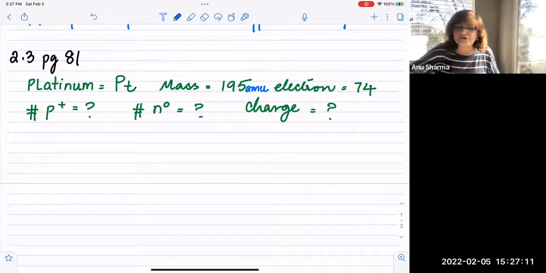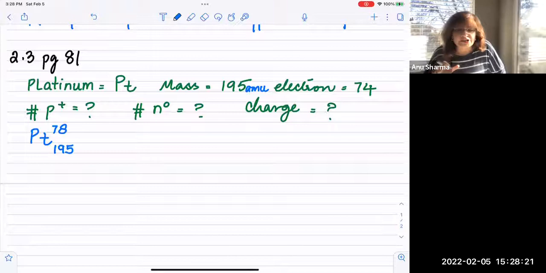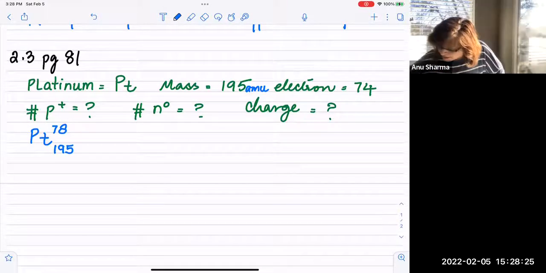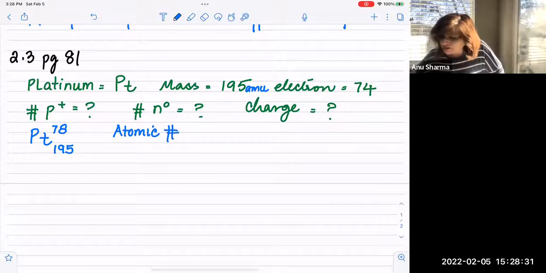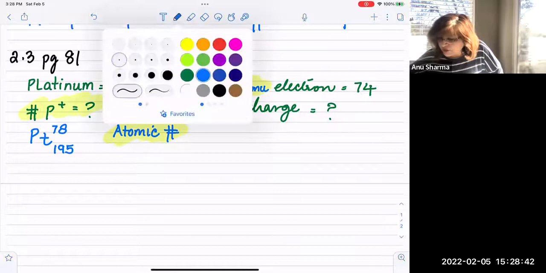So how are we going to do this? Here, certain things that you would need are the atomic number and the mass number. Only the mass number is given, and in order to find the number of protons, you need the atomic number. So where are you going to get the atomic number?